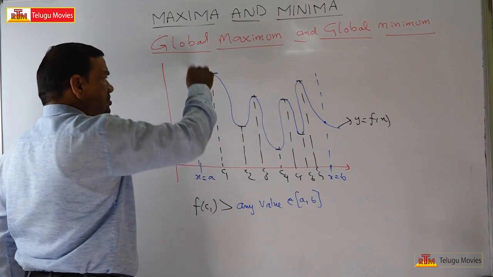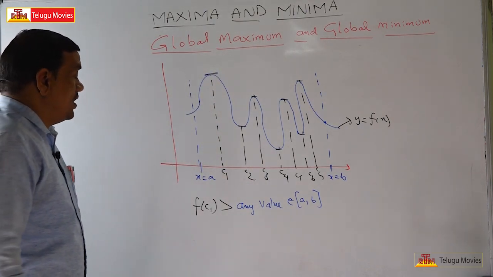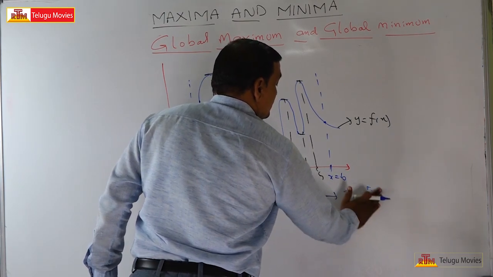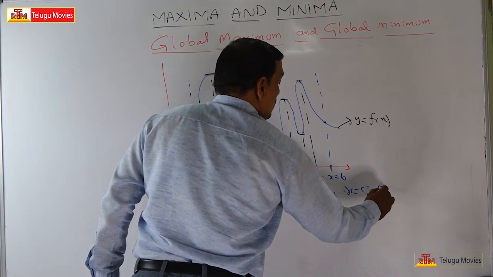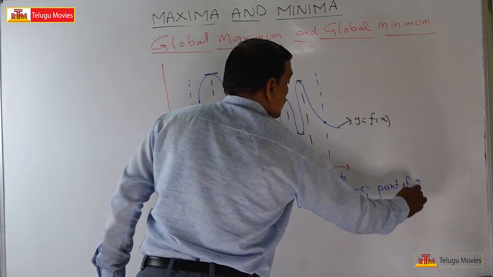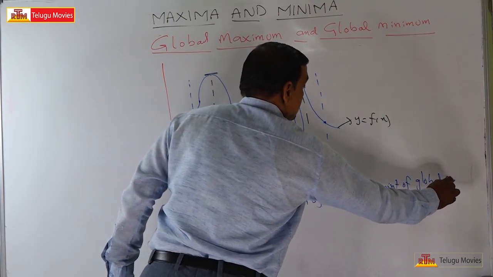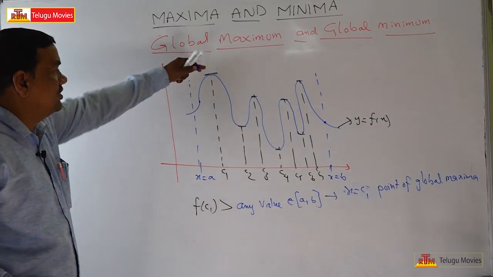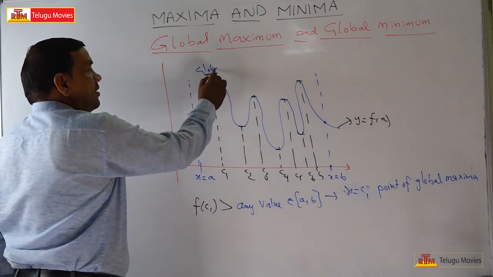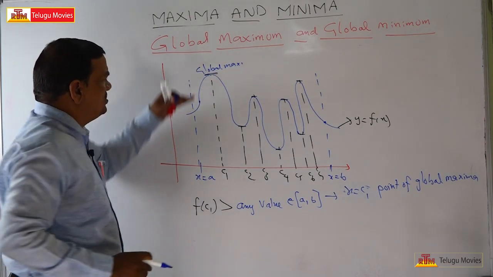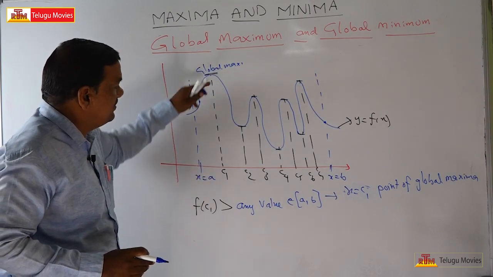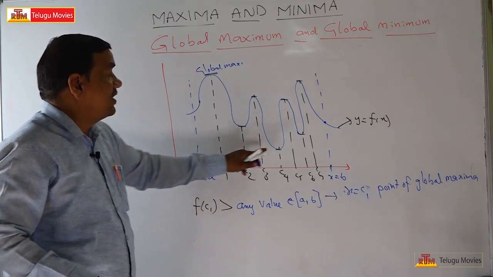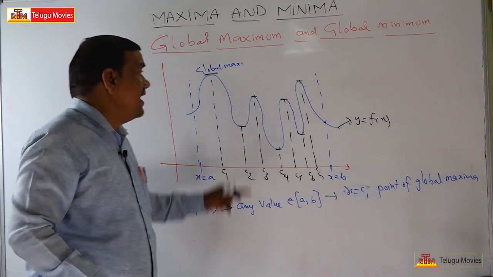That's why x is equal to C1 is called the point of global maxima by definition. This is a global maxima. Remaining all values, f of C2, f of C3, f of C4, are less than f of C1.